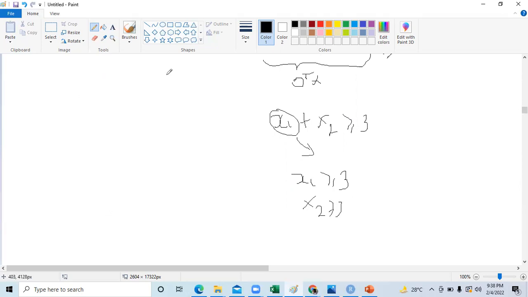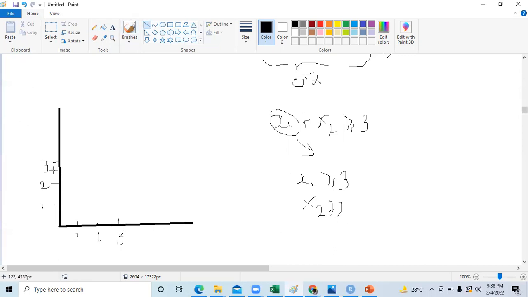So this will help us draw a decision boundary. We would have 1, 2, and 3 on one axis, and 1, 2, and 3 on the other.